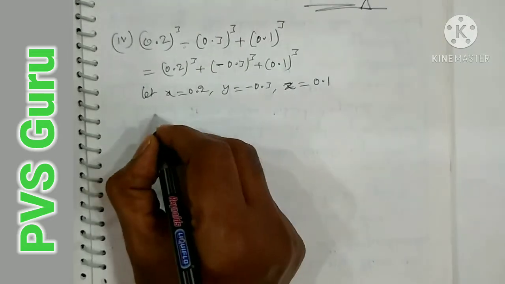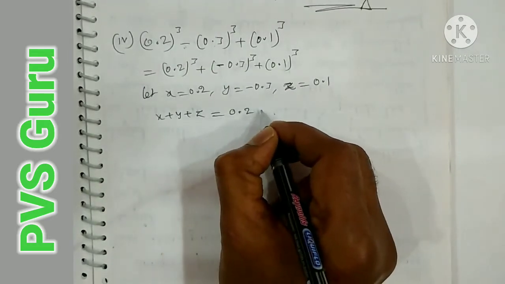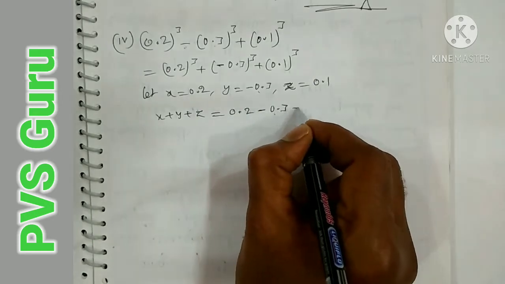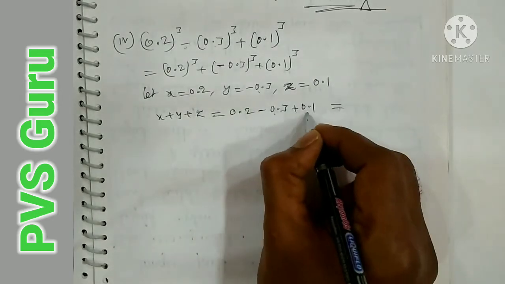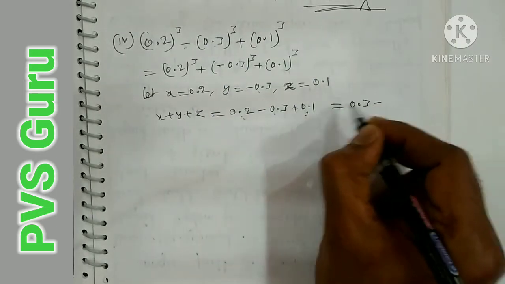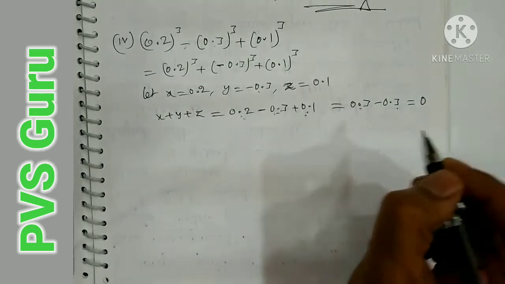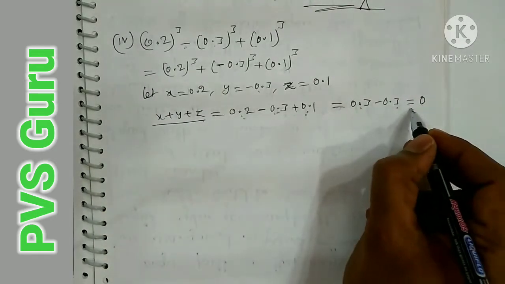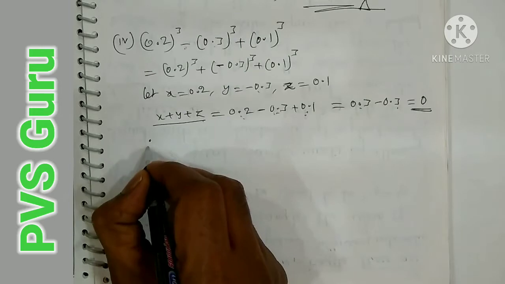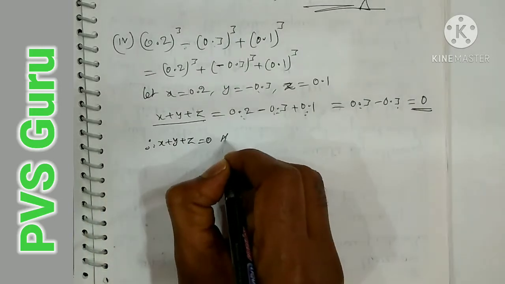Now add all the three: x plus y plus z is equal to 0.2 minus 0.3 plus 0.1. Here 0.1 and 0.2 added, you get 0.3 minus 0.3. 0.3 minus 0.3 is 0. So therefore x plus y plus z is equal to 0.